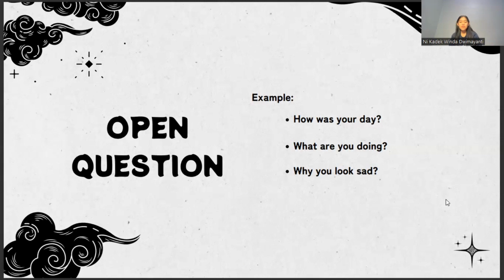In an open question, the tone at the end of the sentence drops. So the open question uses falling intonation. For example, how was your day? What are you doing? Why do you look sad? You can hear the falling intonation at the end of the sentence.